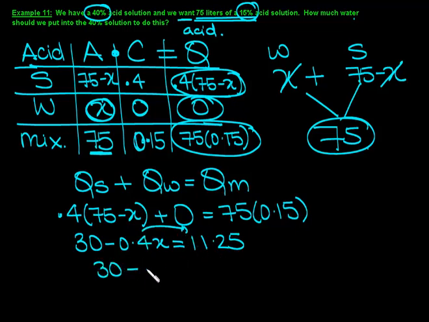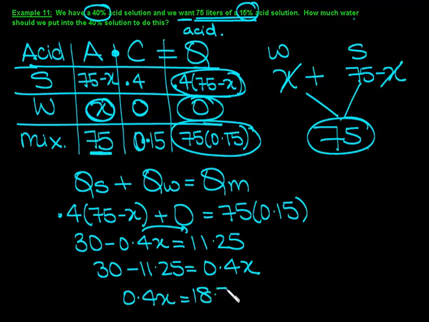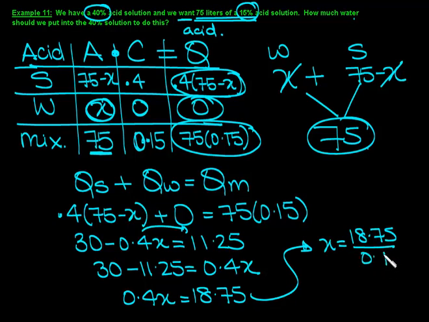So we get 30 minus 11.25 is equal to 0.4x. So we get 0.4x is equal to 18.75. So x is equal to 18.75 divided by 0.4. So x is 46.875.